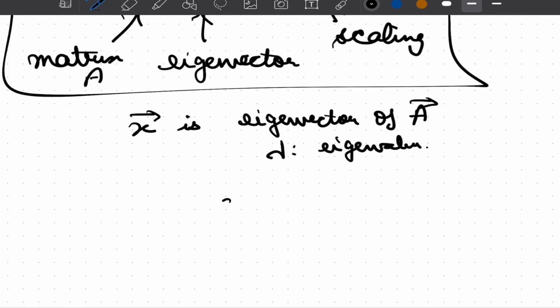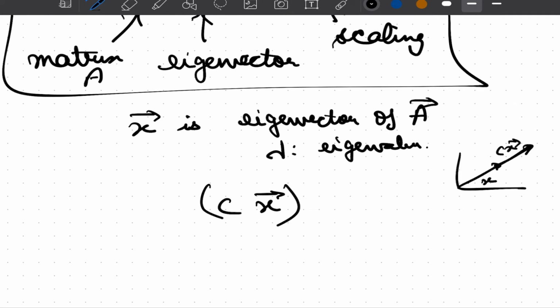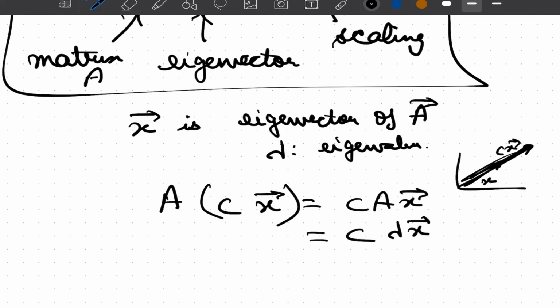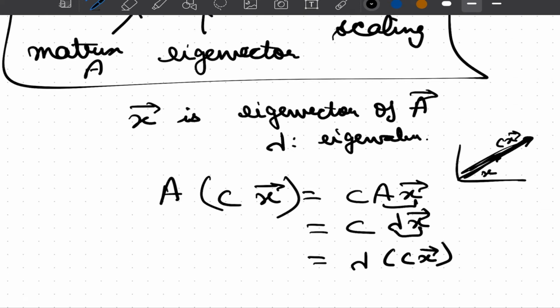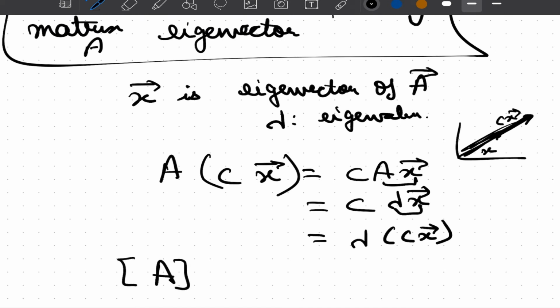It holds that even if we multiply X by some constant C, which means we are talking about collinearity, so it was X, now CX, the eigenvalue and eigenvector relation will still hold, as A(CX) can be written as C times lambda X, because AX can be substituted as lambda X. That would mean that all vectors that are collinear to X would also qualify to be eigenvectors of a particular matrix A.